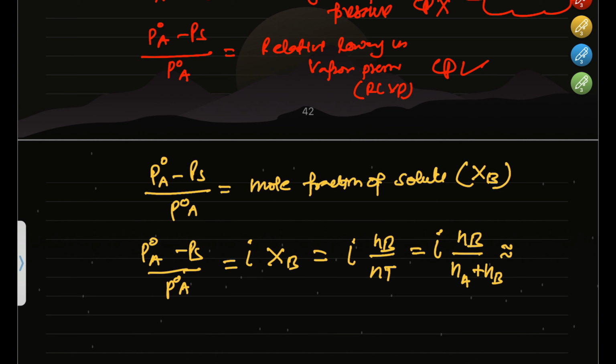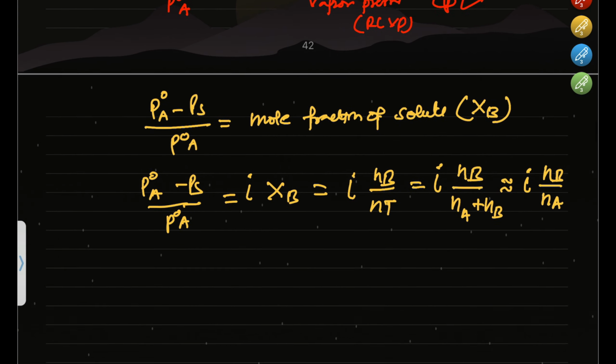Okay, or for a dilute solution, because we deal only with dilute solutions in colligative properties, the van't Hoff factor into moles of solute upon moles of solvent. This is an important formula chain for the relative lowering of vapor pressure.